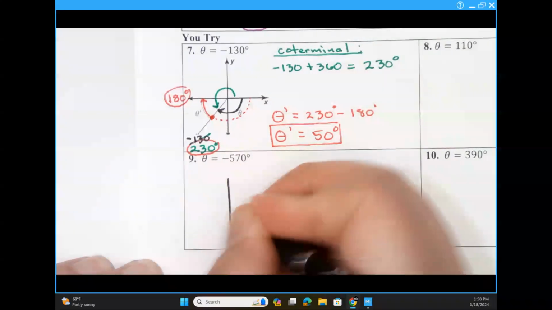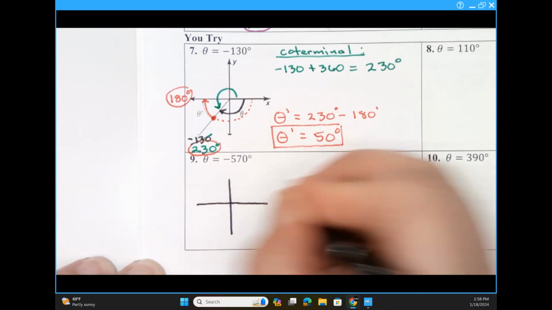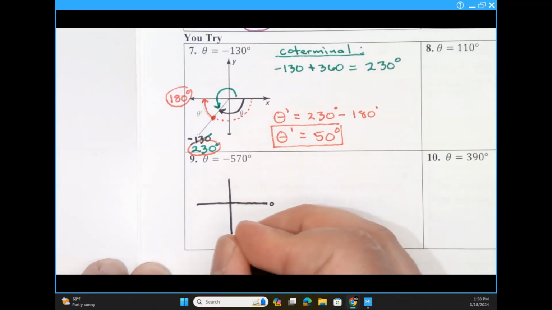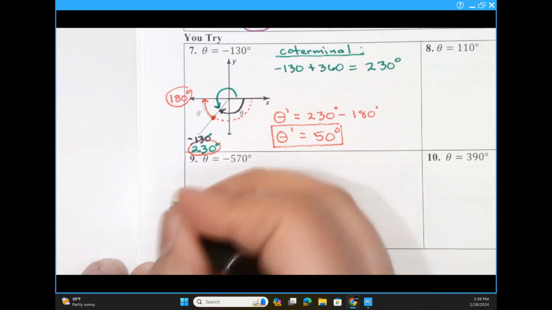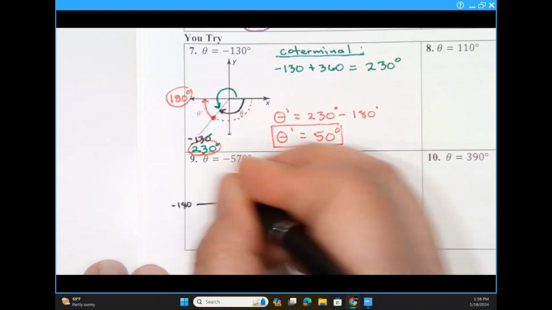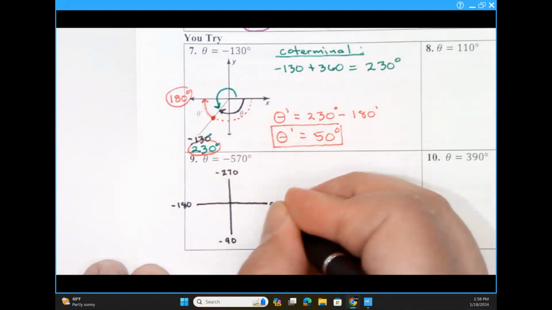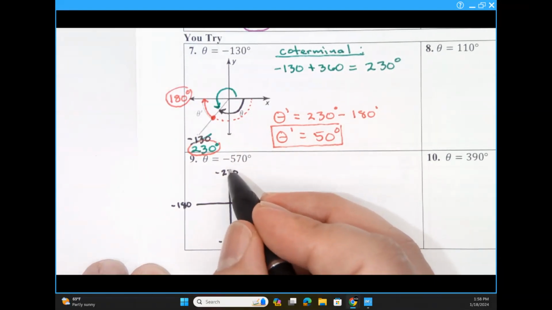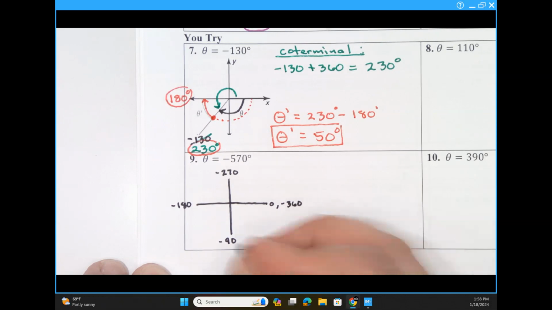Now we're going to keep track of all the negatives first. So let's see. 0, negative 90, negative 180, negative 270, negative 360. All right, you got to keep going. We haven't even gotten close to 570. Add another 90, negative 450.